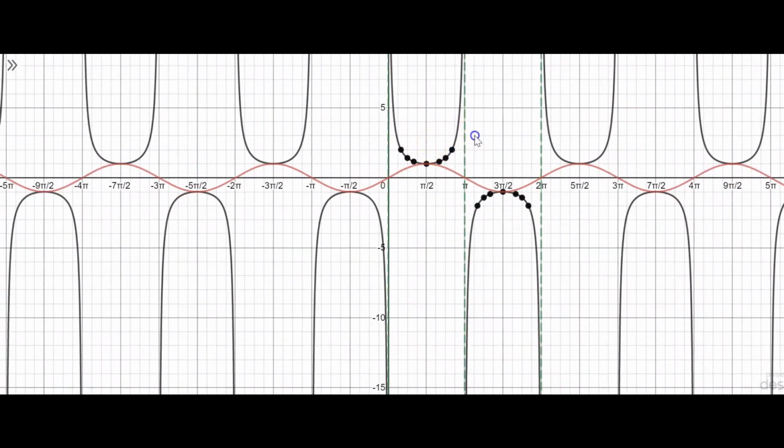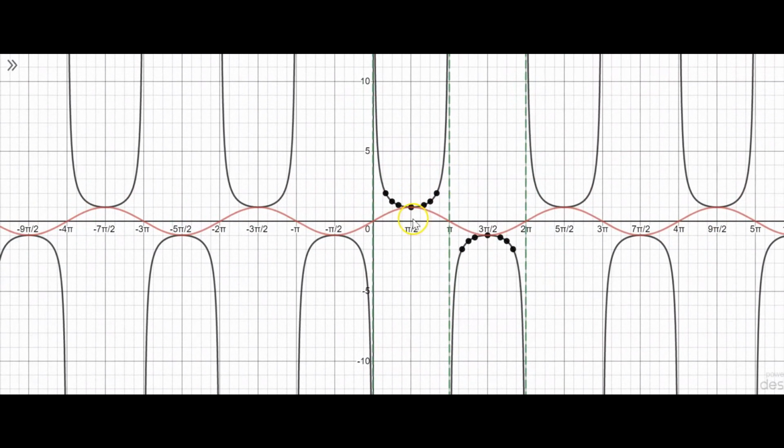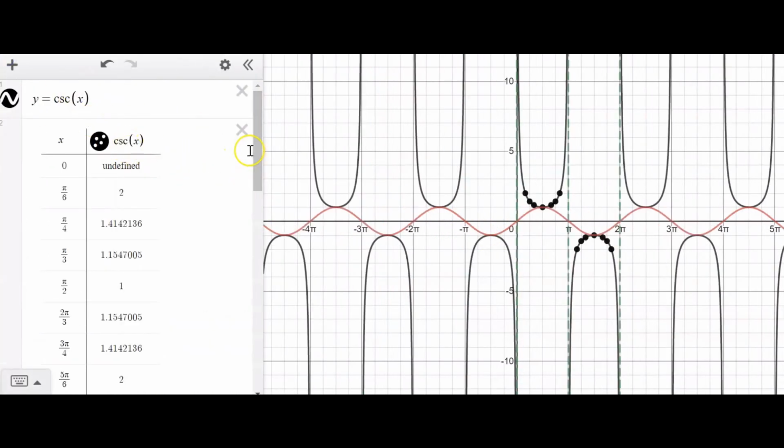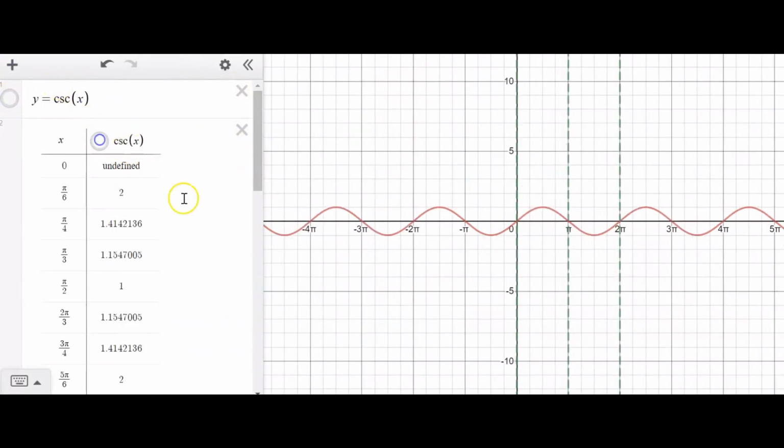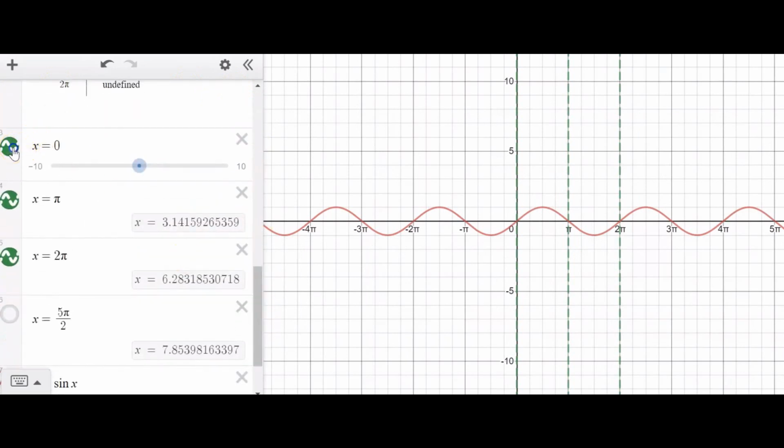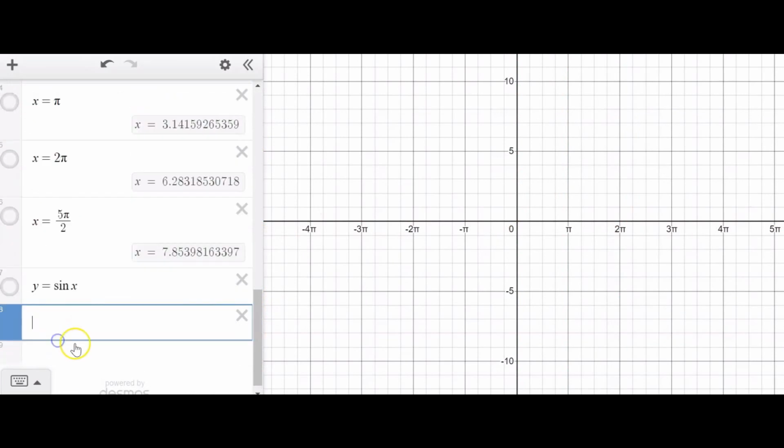So you can tell cosecant and secant apart by where they hit 1 and where they hit -1. Cosecant hits where sine hits 1 and where sine hits -1. And then going back here, let's change it now. We're going to turn this one off and this one off. Secant is related to cosine.